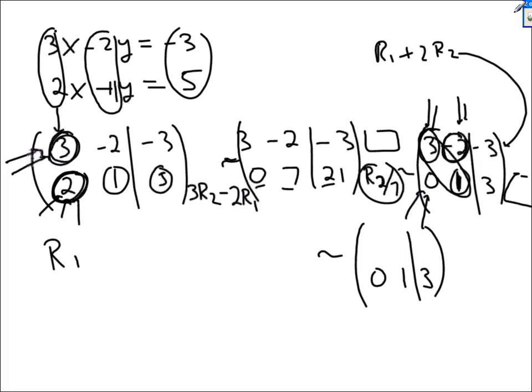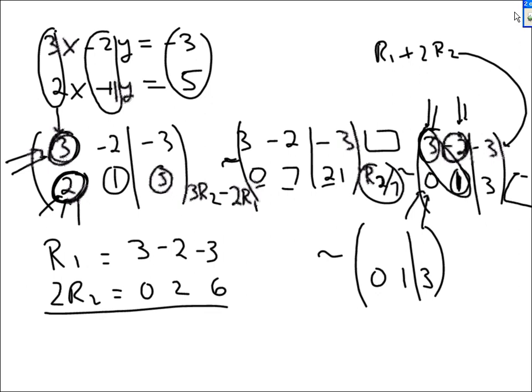Row 1, plus 2 row 2s. Row 1 is 3, negative 2, negative 3. And 2 row 2s are 0, 2, 6. And we are going to add. And we get 3, 0, 3.